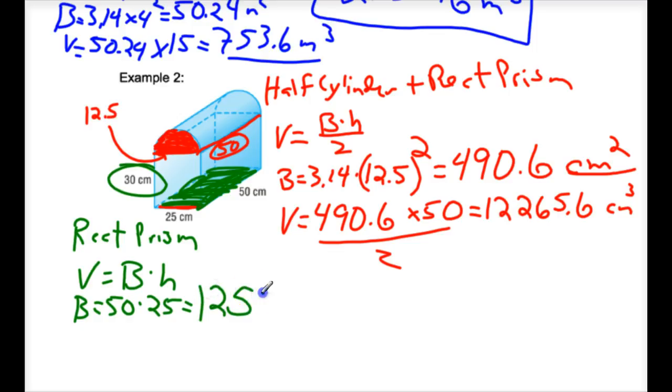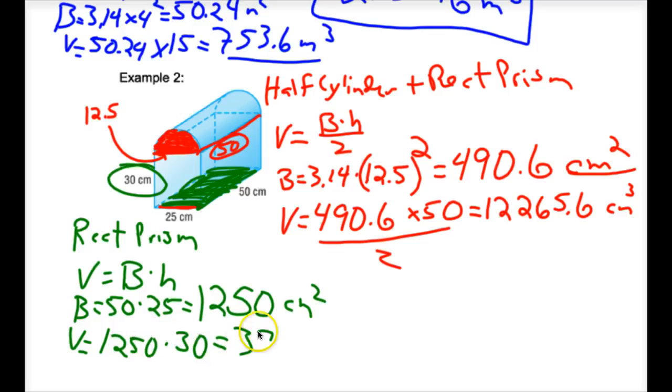That's 1,250 centimeters squared. And then I'm going to times that by 30. So keep that number on your screen and hit times 30. It's a huge mailbox or toolbox, whatever it is. Centimeters cubed. And then what do we do to find the total volume?